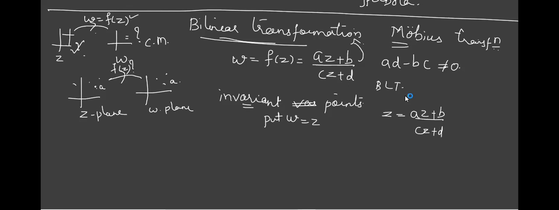Even if you simplify, which type of equation will you get here? It's a quadratic equation. So quadratic means how many values will you get? Cross multiply, bring all the terms to one side, you will get a quadratic equation. Yes, there are two values. If you simplify and find those values, they are called invariant points.